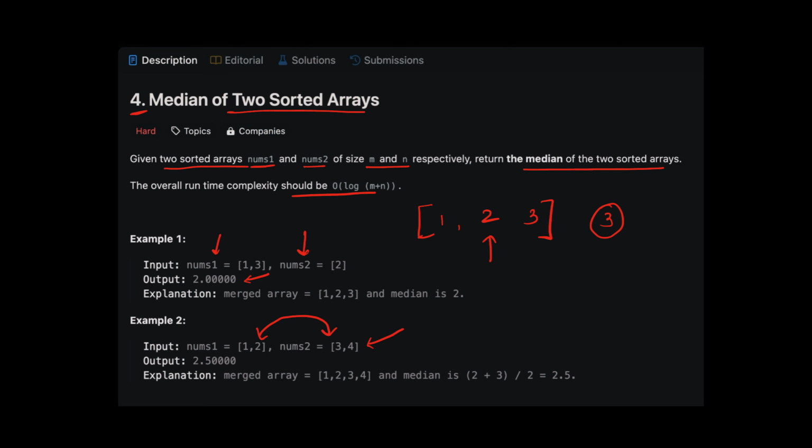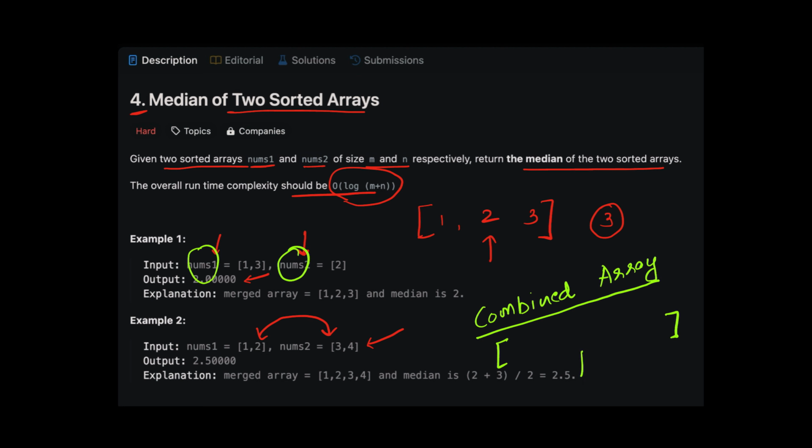If we try to solve this problem without considering the time complexity requirement, it is a very easy problem to solve. All we need to do is, using two pointers, iterate through both of the arrays simultaneously and build a combined array. After the combined array is created, based on its length, we can calculate the median.